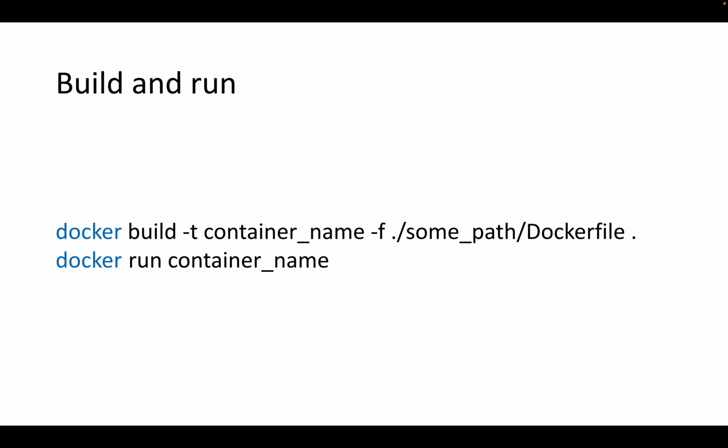And after you've finished writing your Dockerfile, you can instantiate an actual container. First, you need to build an image. In order to do that, you should use docker build, specifying the container name, and this -t tag means container name.